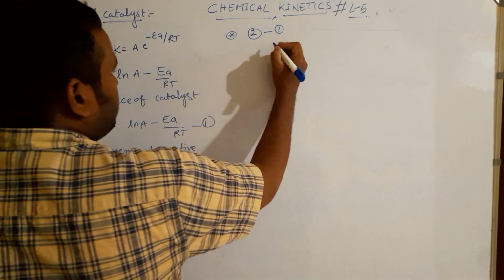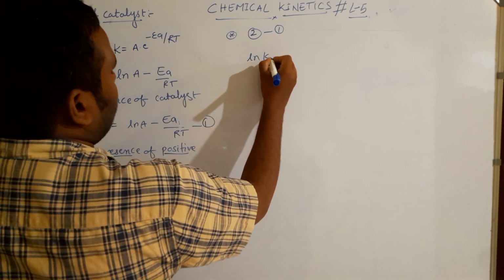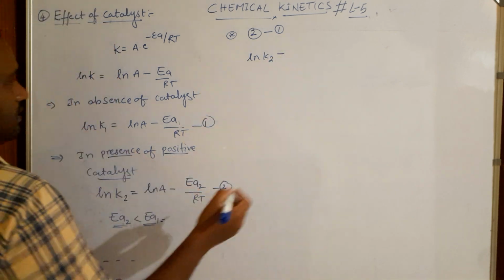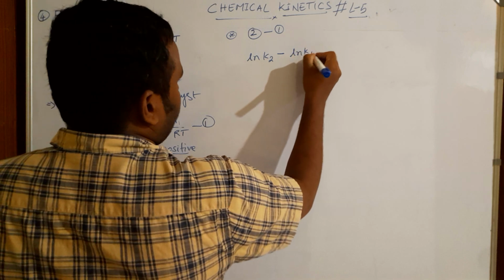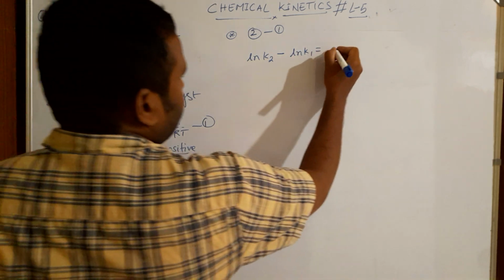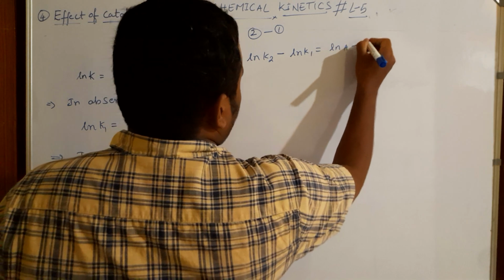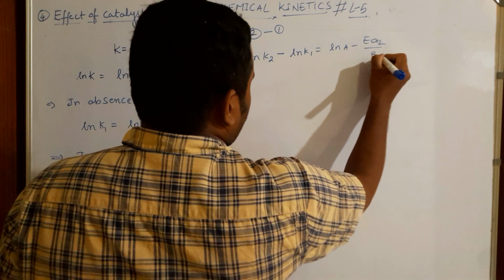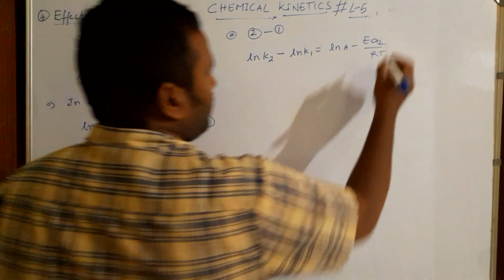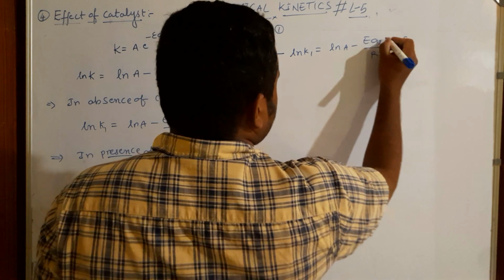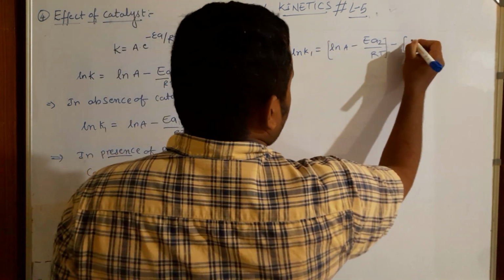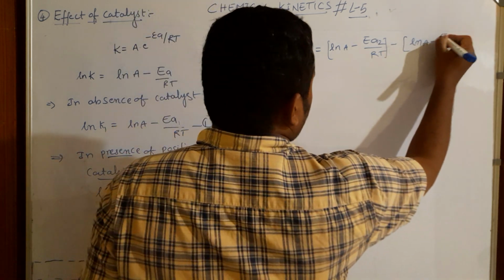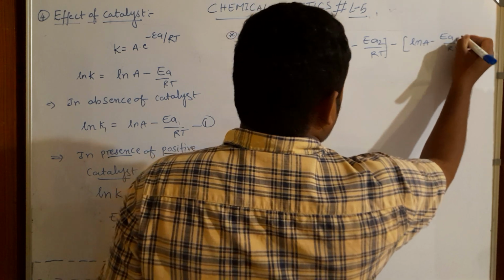So ln K2 minus ln K1 is equal to ln A minus EA2 by RT, minus of ln A minus EA1 by RT.